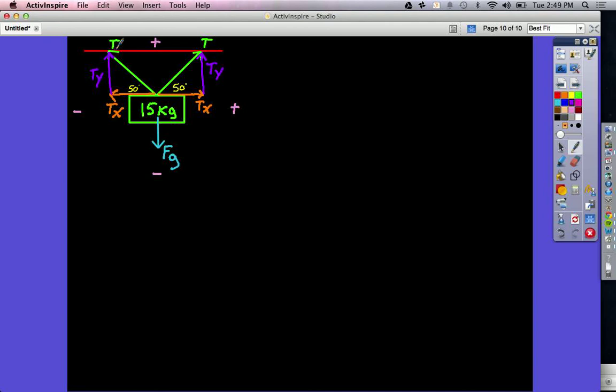But we're going to get an equation set up based off of this right triangle right here with tension, Tx and Ty, and the same triangle over there. So they'll be exactly the same.